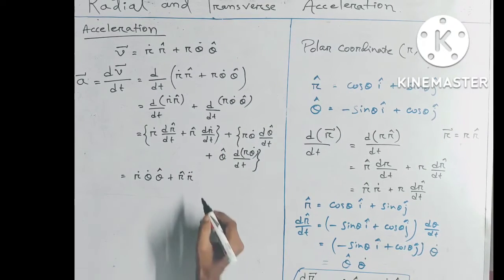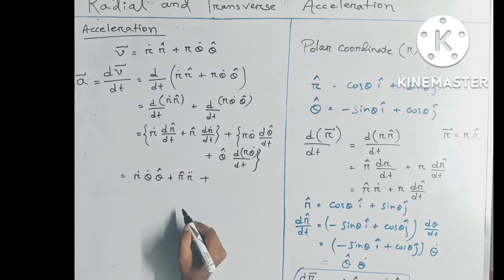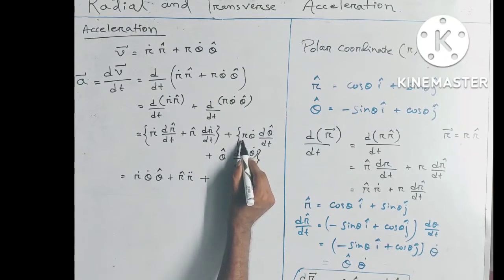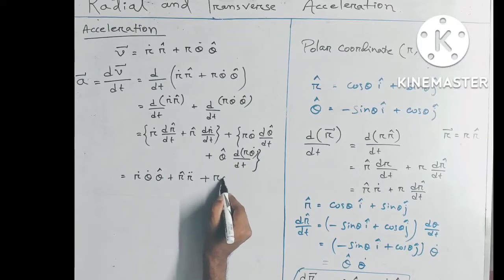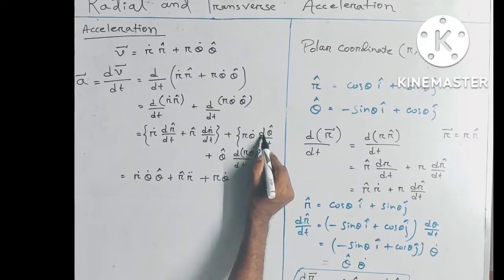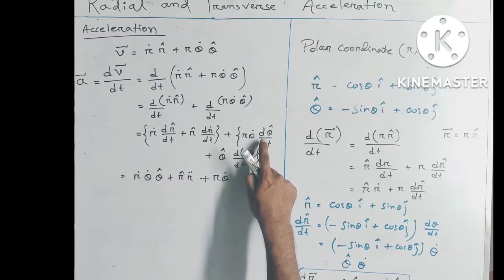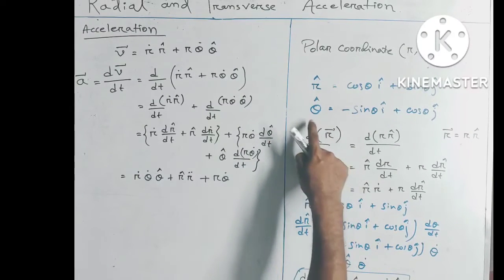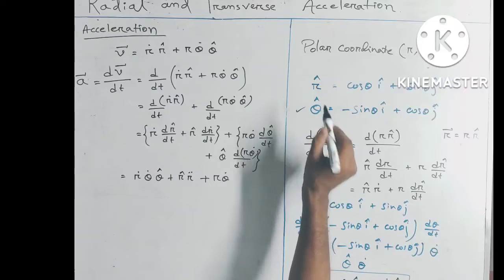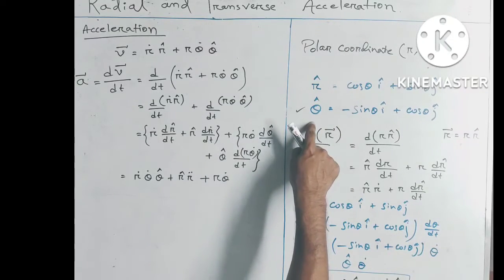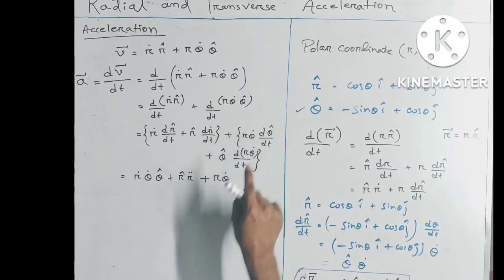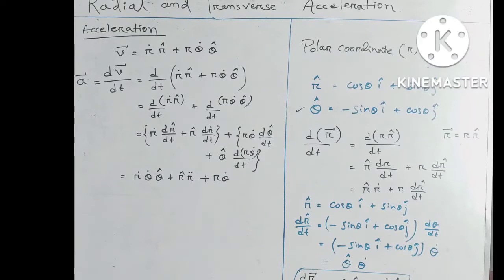Now plus r theta dot, and this is d theta cap/dt. So we have to find out d theta cap/dt using theta cap. So let's do this.